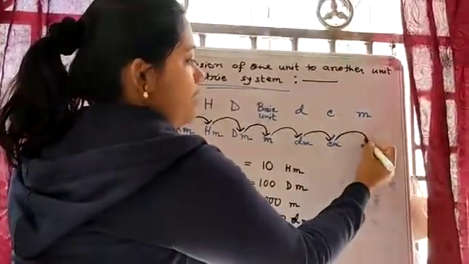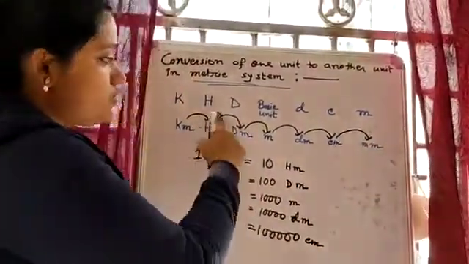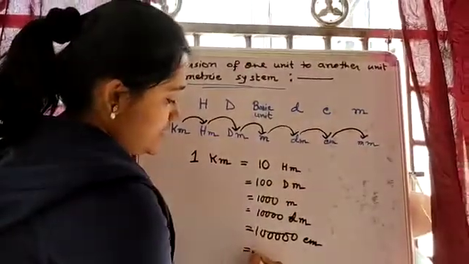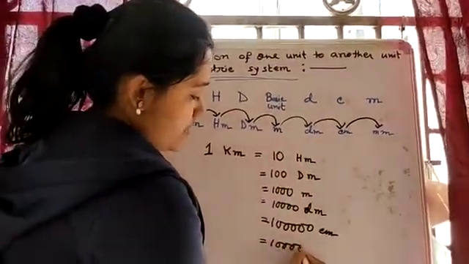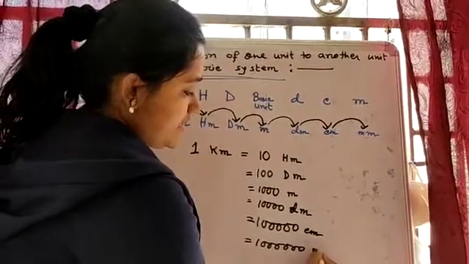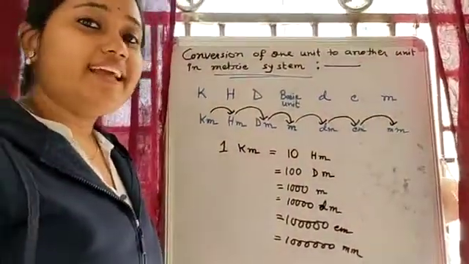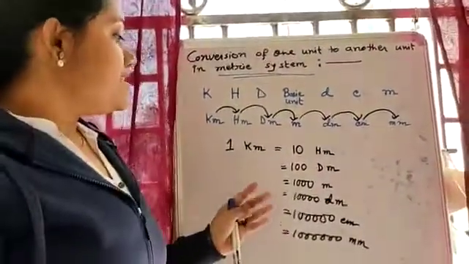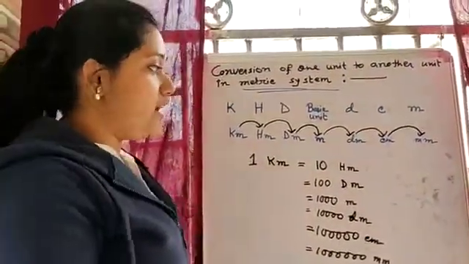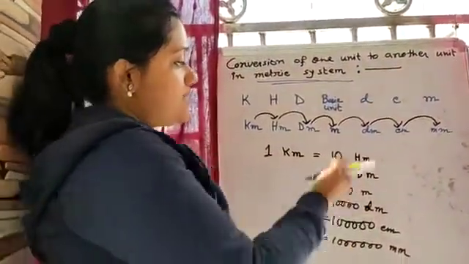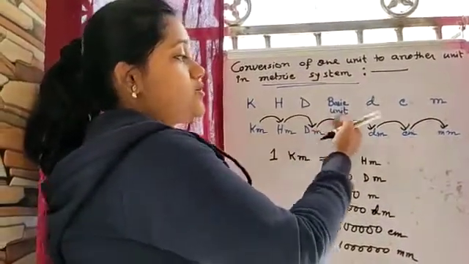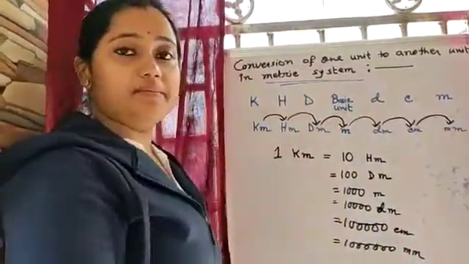Or how much millimeter? So 6. 1, 2, 3, 4, 5, 6 millimeter.